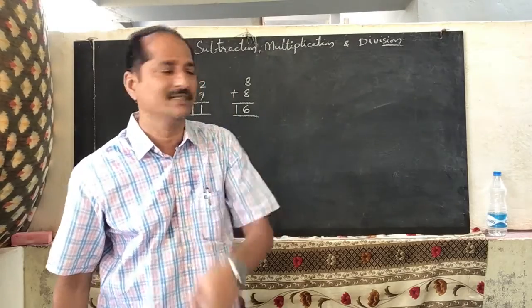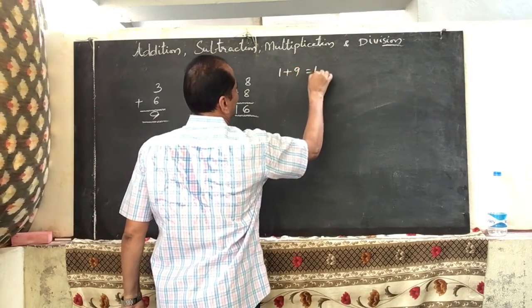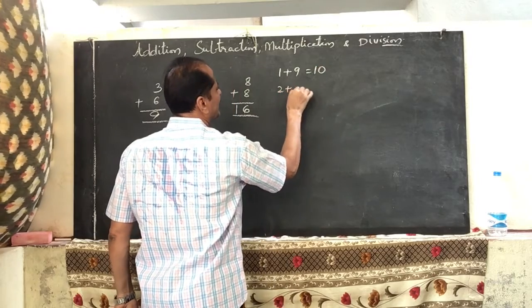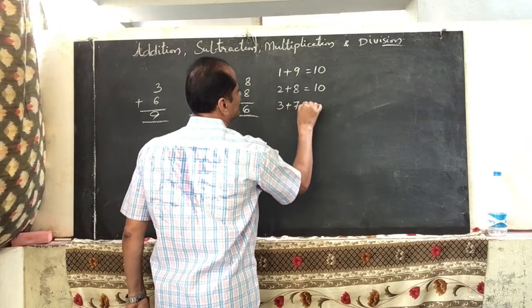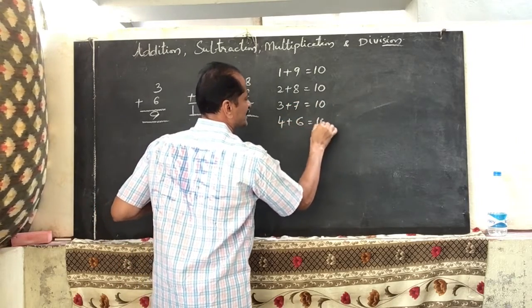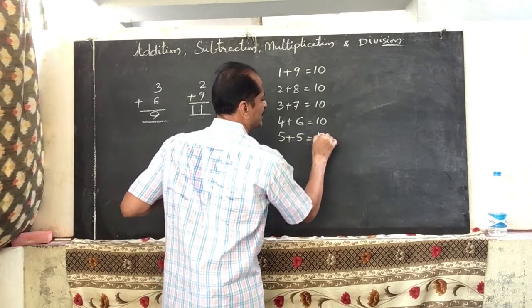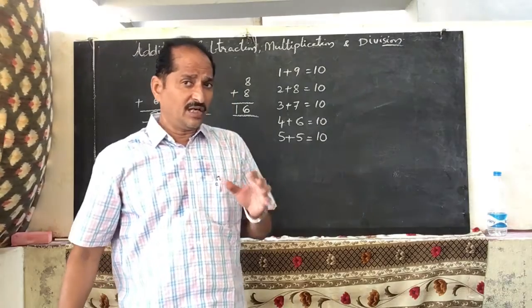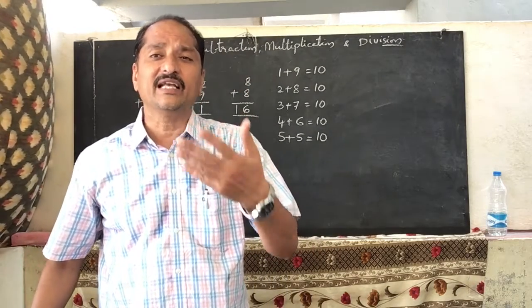You know that 1 plus 9 is equal to 10, 2 and 8 is equal to 10, 3 and 7 is equal to 10, 4 and 6 is equal to 10. And one more thing is 5 plus 5 also gives 10. Now I will give you some questions. How can you add by using counting in tens?